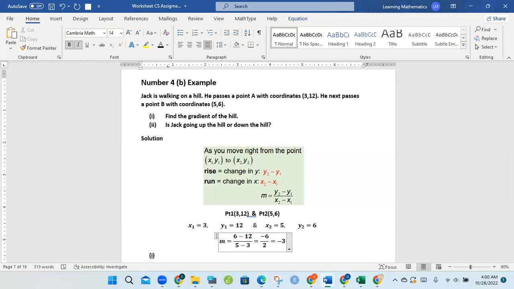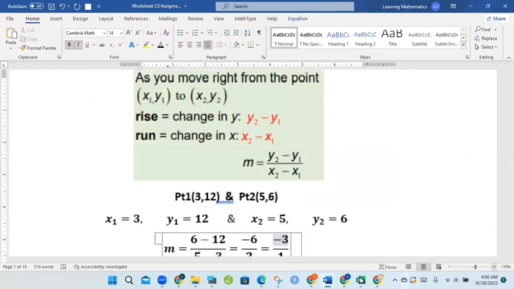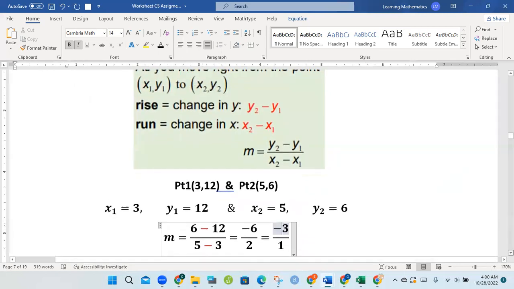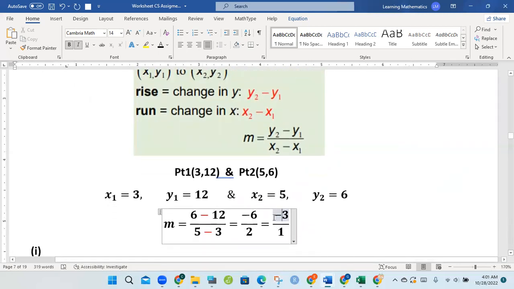The gradient is -3. This means that with each, because with the -3, that's actually -3 on 1. So with every 1 unit that you are moving x, you are moving -3 units y.